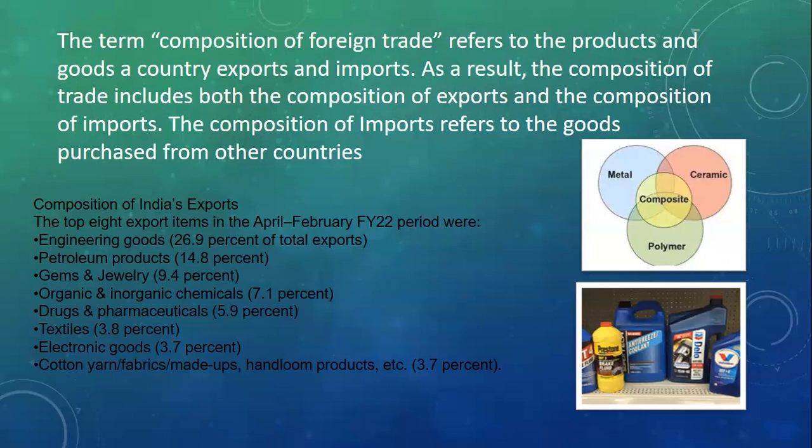We need to understand from this composition of exports which products are in demand in other countries. To stay stable, we need to be more competitive on these products. We need to give the best product, which other countries cannot offer.